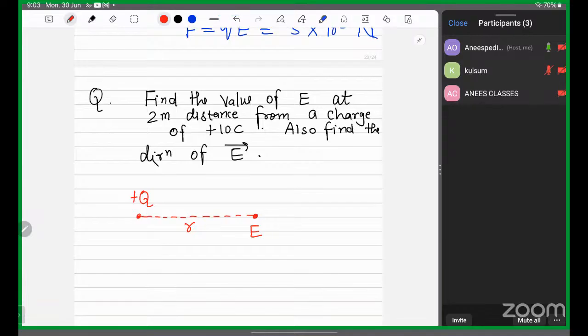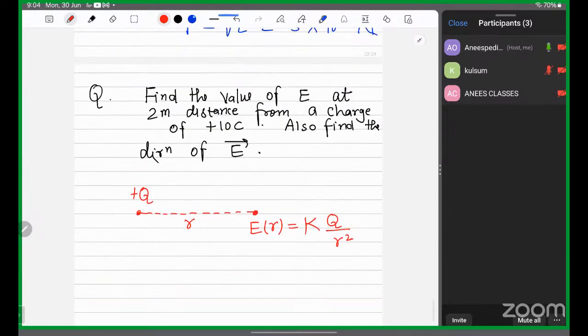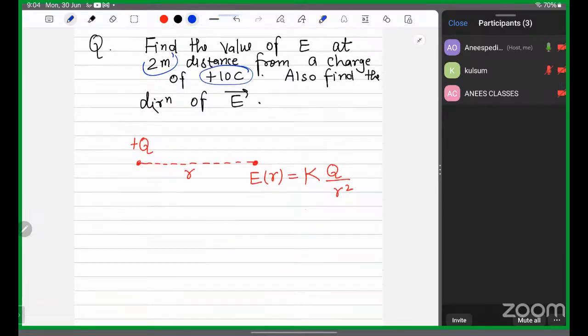What is the formula for source charge? If you are calculating electric field due to source charge, the formula is KQ by R square. According to the question, the source charge is 10 coulomb, and R is 2 meter. Everything is in SI system, so we need not change it.